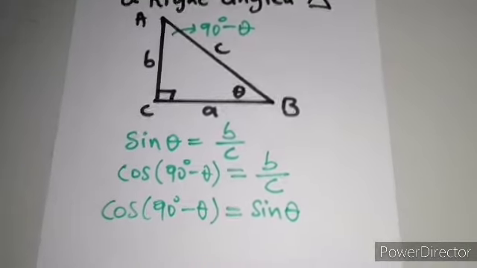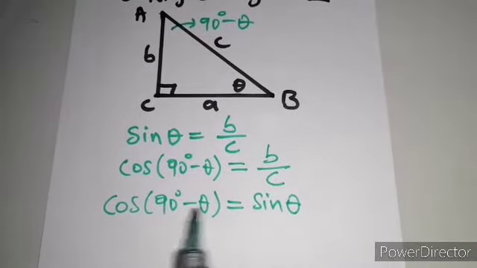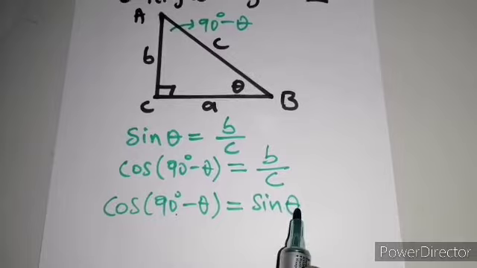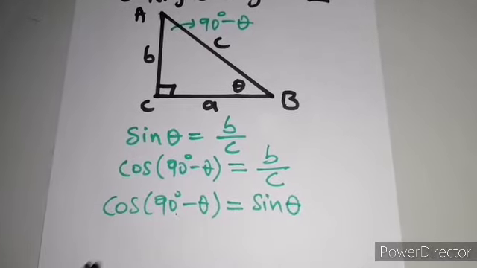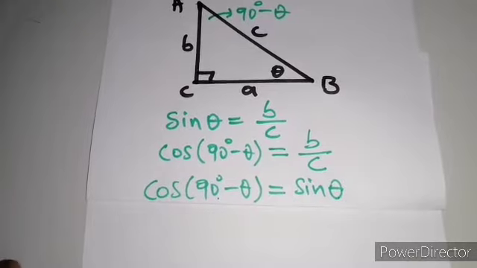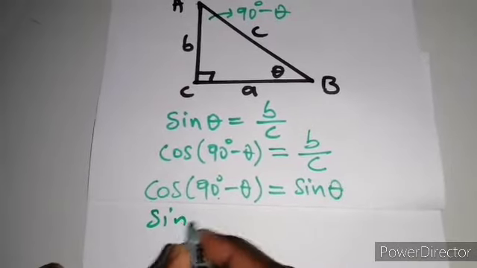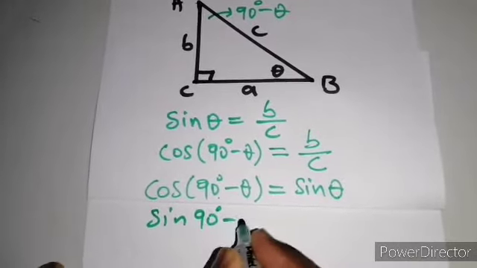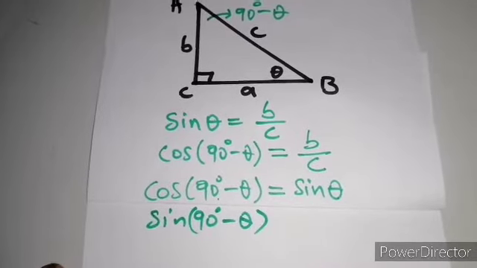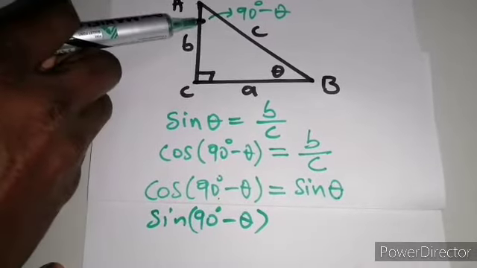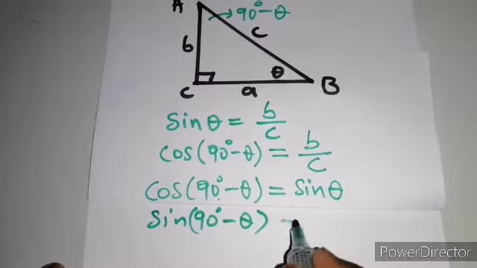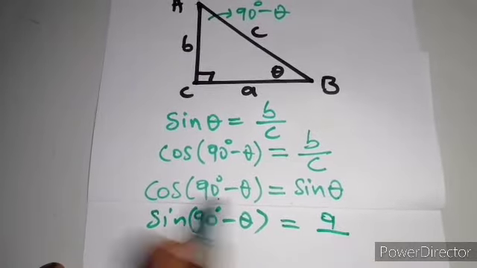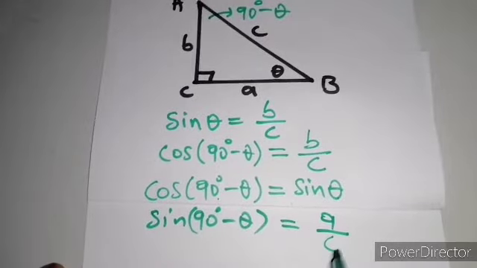Now if you check, the sum of these angles is equal to 90. This can happen vice versa. Now the sine of 90 minus theta. Looking at the diagram, the sine of an angle is opposite side, which is a, divided by hypotenuse c.